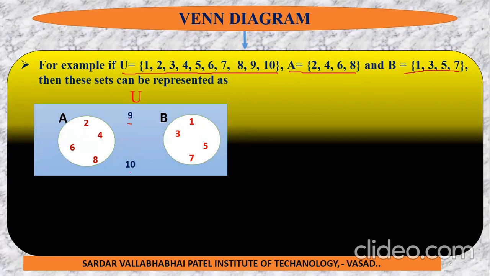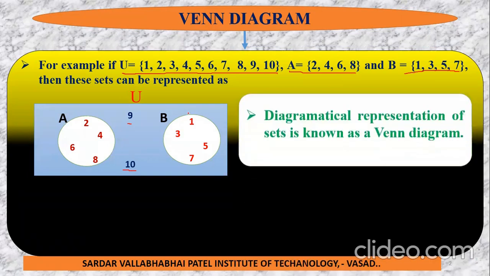But 9 and 10 are not involved in set A and set B. Set A has only 2, 4, 6, 8, set B has 1, 3, 5, 7, and the universal set involves all the elements 1 to 10.